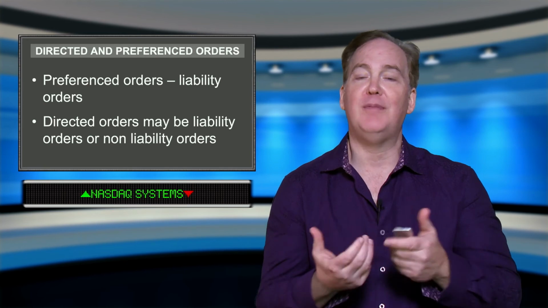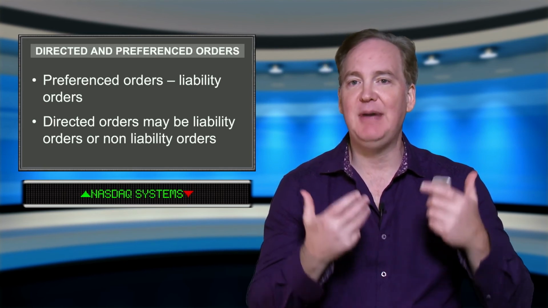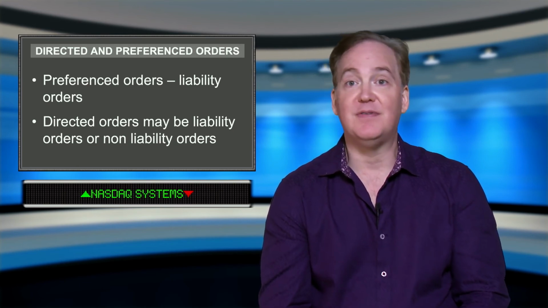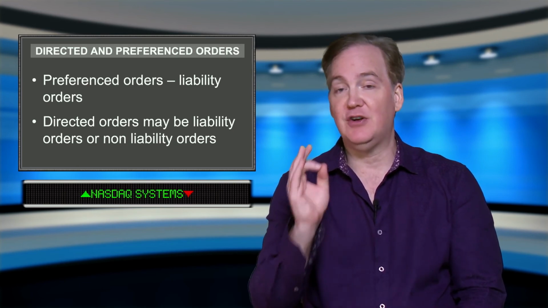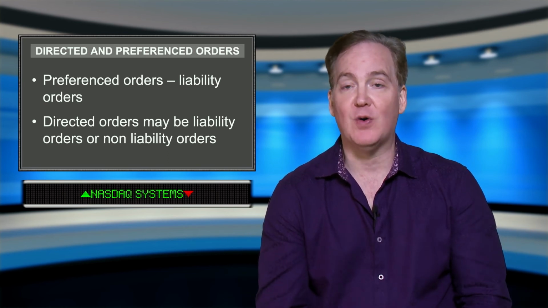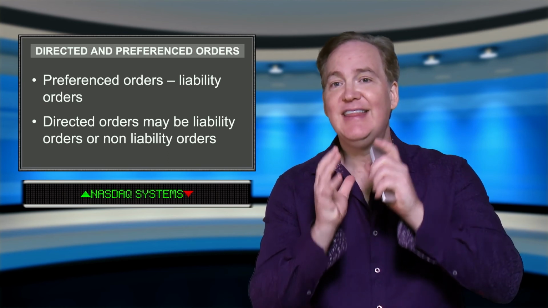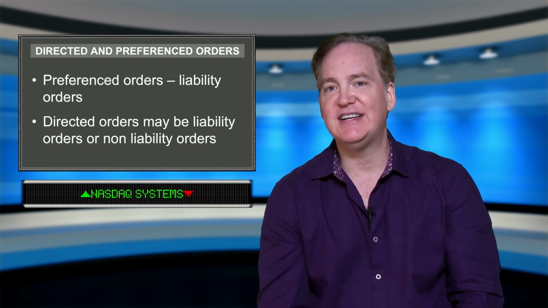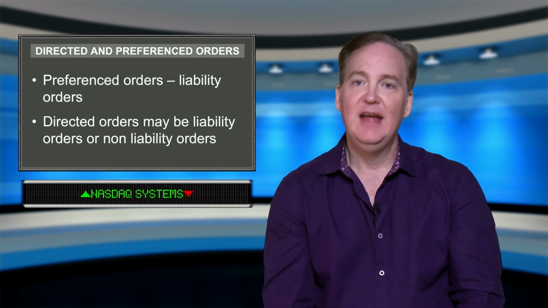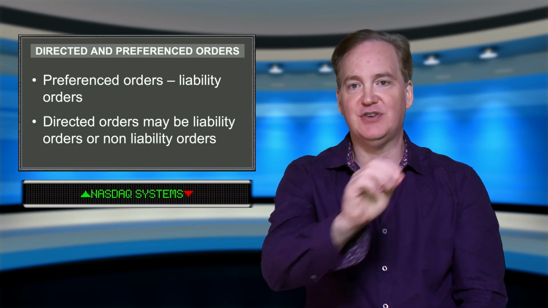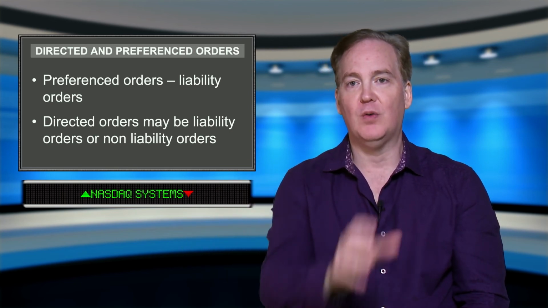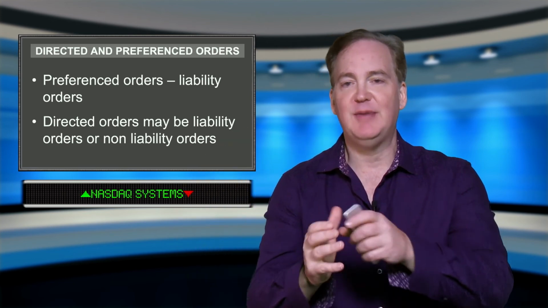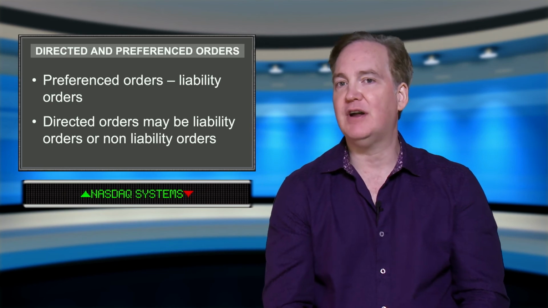Okay, so it will be automatically routed based on time and price. Now, if a broker-dealer prefers to trade with a particular market maker because maybe they get a rebate for order flow, they can, on the order system, dictate who they want to send that order to. That is a preferenced order. We prefer to trade with Charles Schwab, or we prefer to trade with Bank of America Merrill. You put that information in the order and it routes it to that market maker.